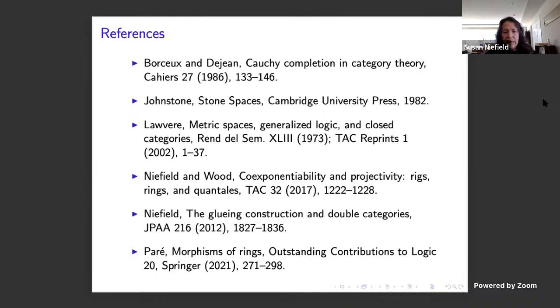And then the earlier paper where the gluing came in, which is where my interest in companions and conjoints arose, was in JPAA. And finally, the recent Paré paper was in a book, a chapter in a book dedicated to or in memory of Lambek in 2021. Okay.